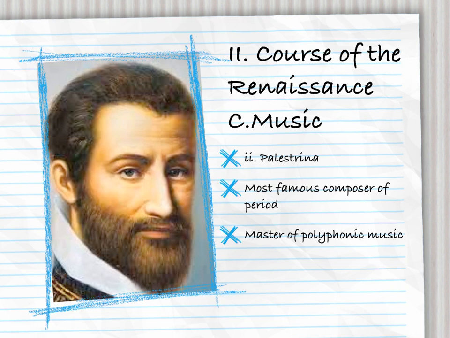Okay, poly, you should know that means there's many, okay? It's not just two, it's not one, it's not three, it's many, okay? And phonic has to do with music or sound, okay? So he's composing music that consists of many melodies. That's a vocab term.